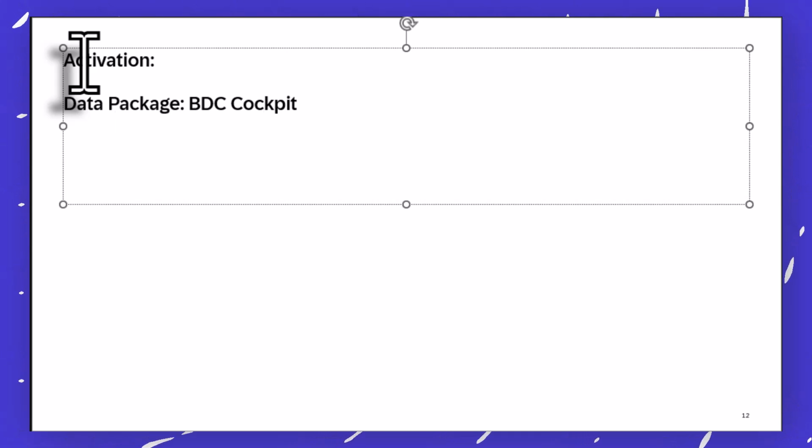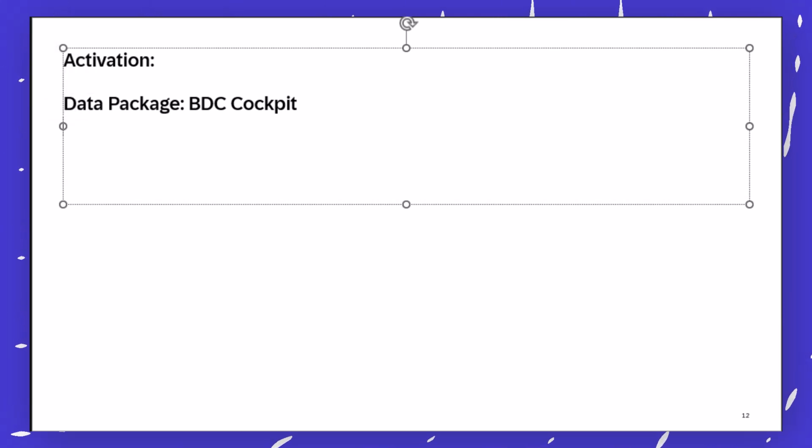Based on your requirement, you can select the specific data package and then you can activate it. Once you trigger the activation, it activates the underlying data products. And then all these data products will be discoverable.